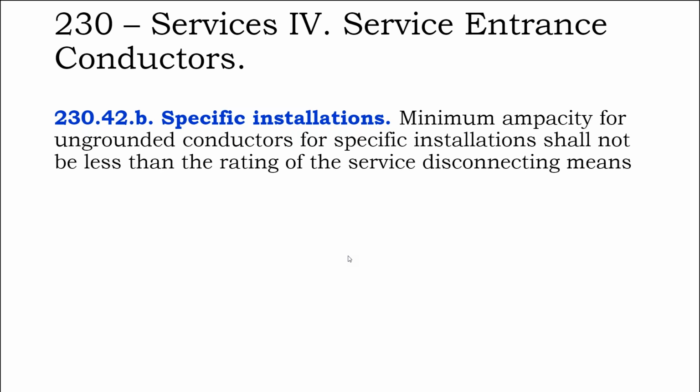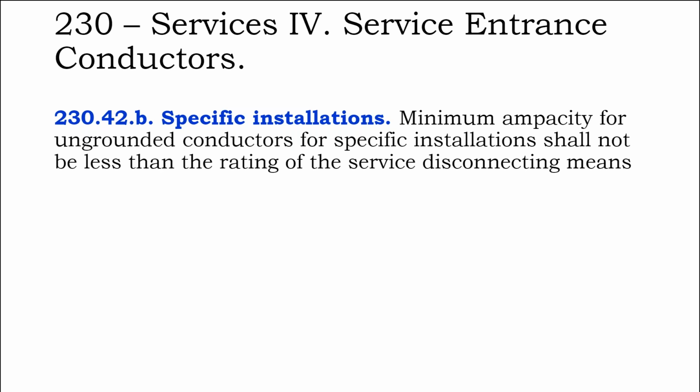The minimum ampacity for ungrounded conductors, those are the conductors carrying the power into the property, shall not be less than the rating of the service disconnecting means. I find this to be a very encouraging snippet of code, because what it means is that if you have a 200 amp service panel with a 200 amp breaker, the minimum ampacity of the cables going into that service shall not be rated for less than 200 amps.